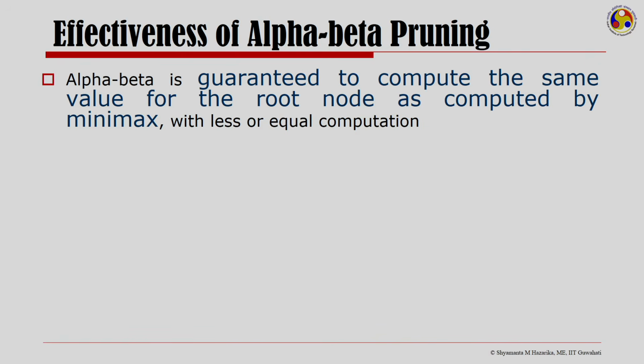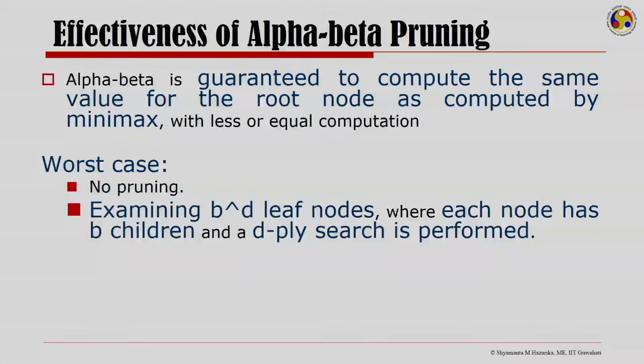Now, the effectiveness of alpha beta pruning is guaranteed by the fact that it computes the same value for the root node as computed by the minimax with less or equal computation. Worst case, if we do not have any pruning, we end up examining b to the power d leaf nodes, where each node has b children, and we are talking of a d-ply search.